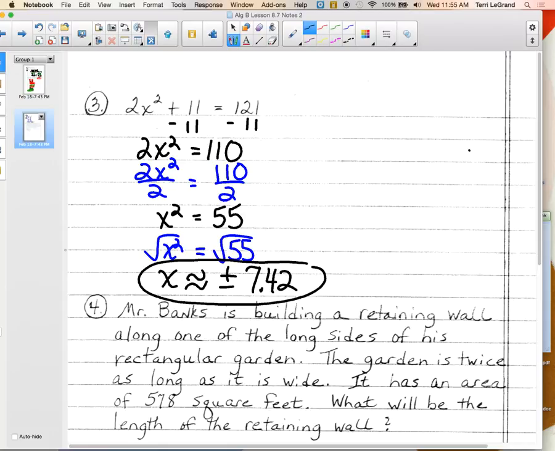Now, tell me something. Do you think these would be good ones to solve by graphing? No. Why not? Because they're going to be inside the squares, they're not going to be on the lines. How are we going to approximate where this is crossing the x-axis?